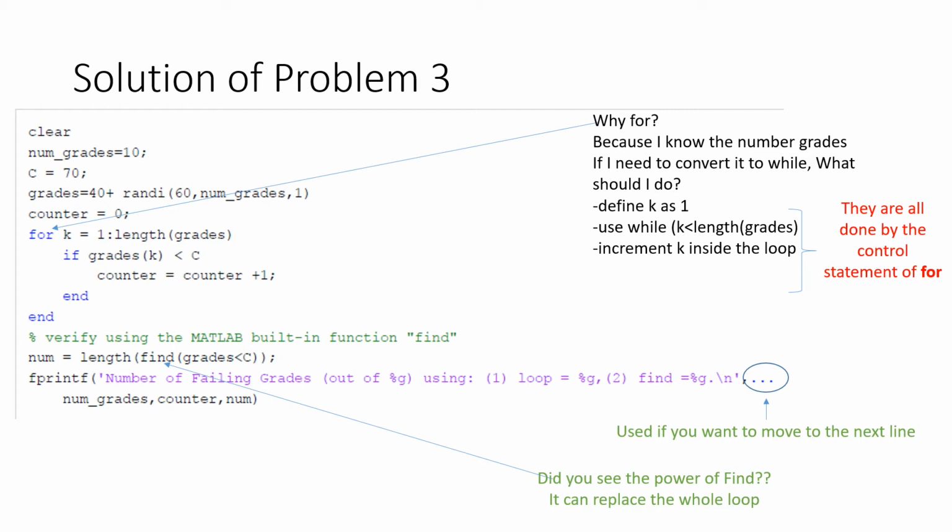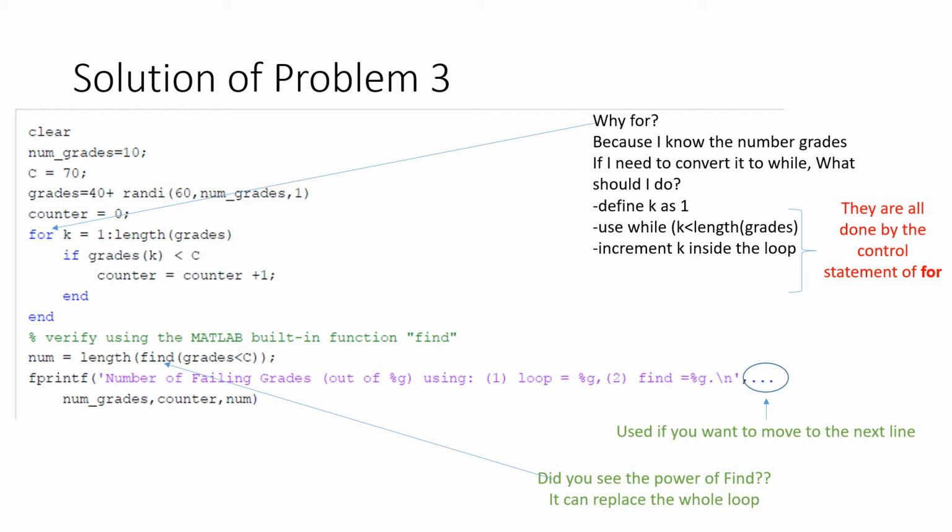Since find only gives me the indices of the numbers that are less than C, I can find their number by using length. So the number of failing grades will be length of find of grades less than C.